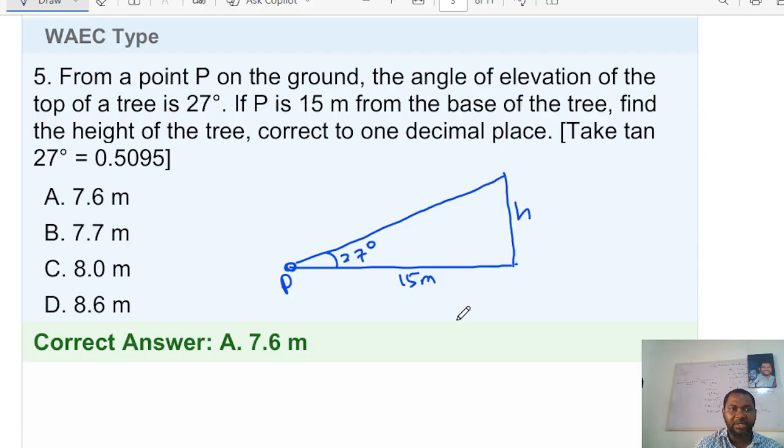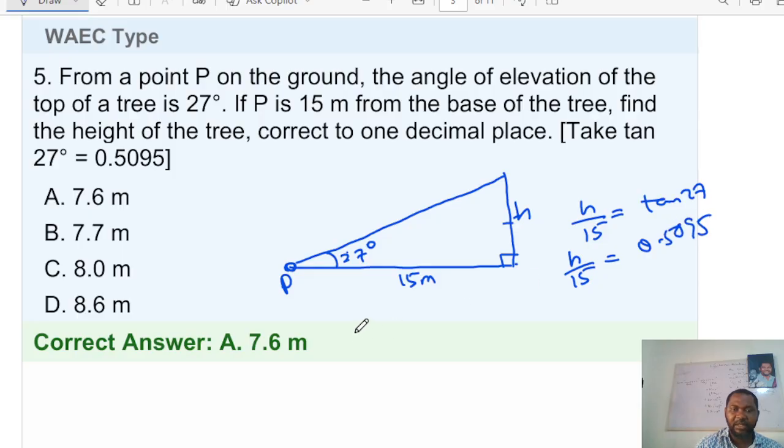I will call it H, and this does the job. So H is opposite, 15 is adjacent. So you're going to have H over 15, that's opposite over adjacent, is equal to tan 27. That means H over 15 is equal to tan 27, which is 0.5095.